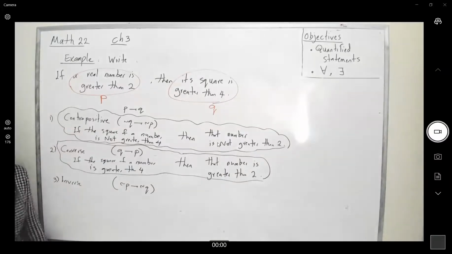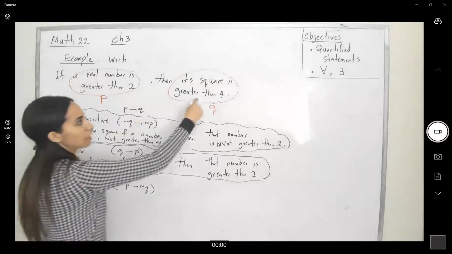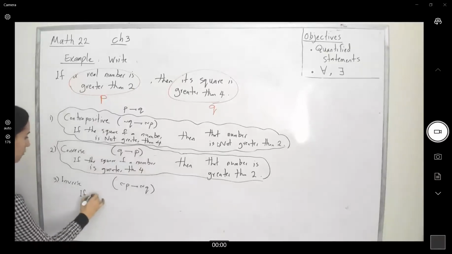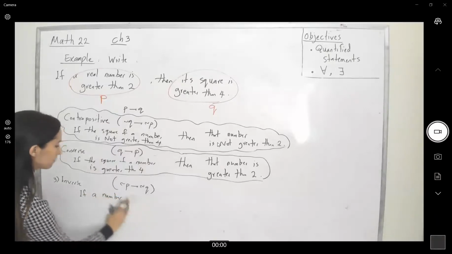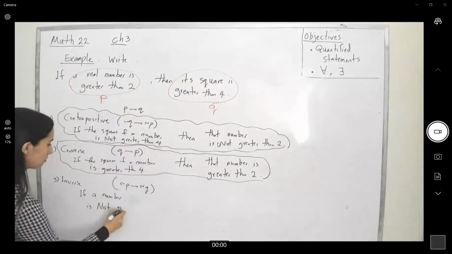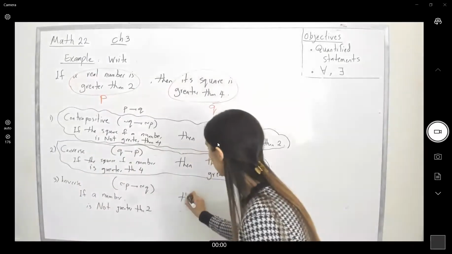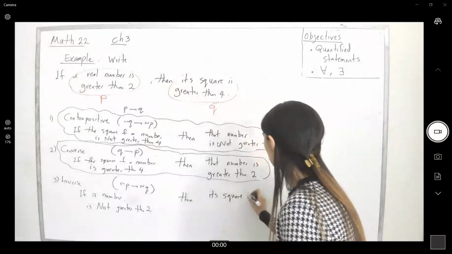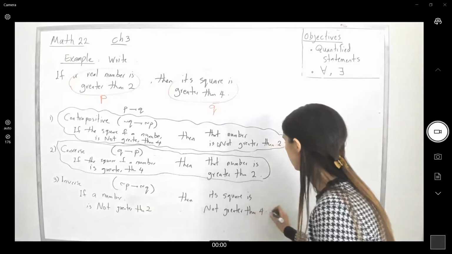And finally, the inverse. Not P, then not Q. If a real number is not greater than 2, then its square is not greater than 4.